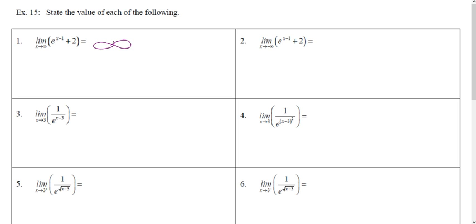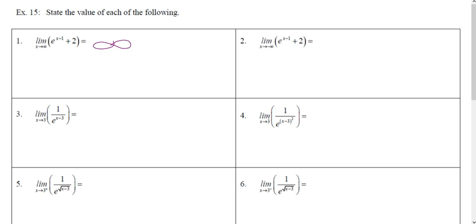Okay. Limit as x approaches negative infinity. Now we've got this really big negative number, and then we're subtracting 1 from it, so it's an even bigger negative number. So you're raising e to a large negative, which becomes 1 over e to a large positive, which becomes 0.